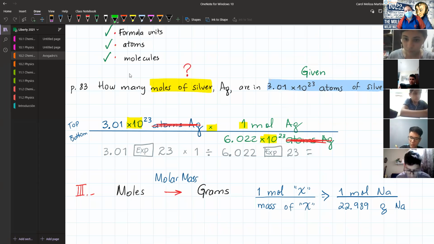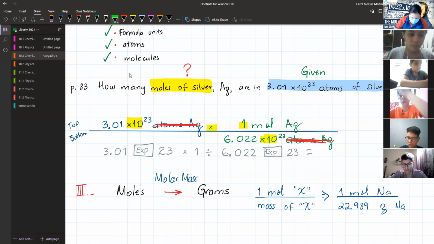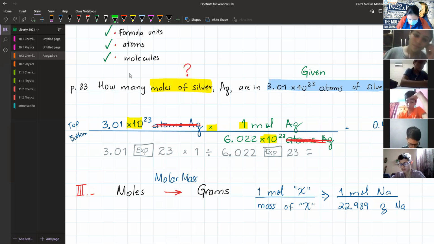How is the answer that you get? You got 0.4998, right? Something like that. Okay. So here, take these two because this number is more than 5.